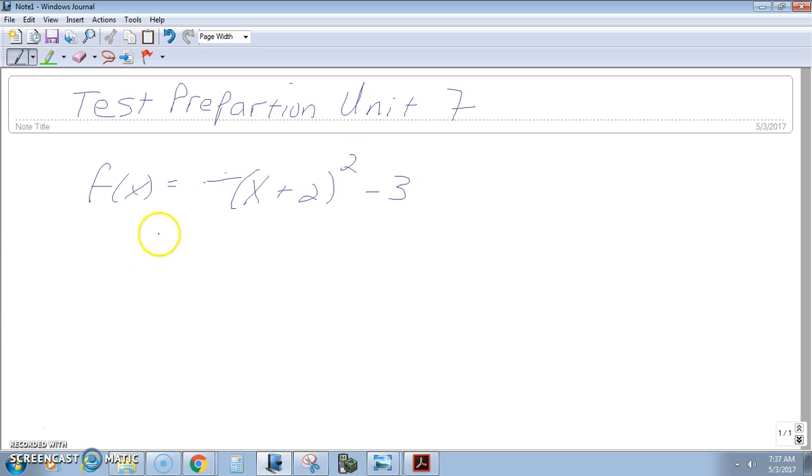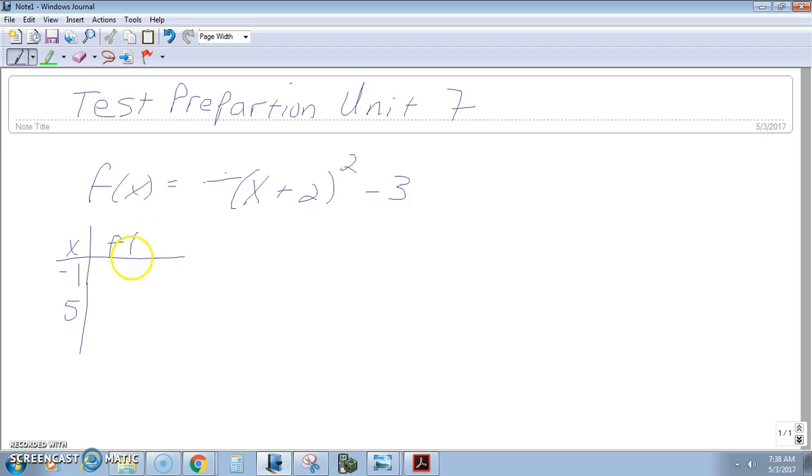And the question asks you to find the average rate of change. Hopefully you looked at the links. The average rate of change between 2 points, and those points are from x equals -1 to x equals 5.